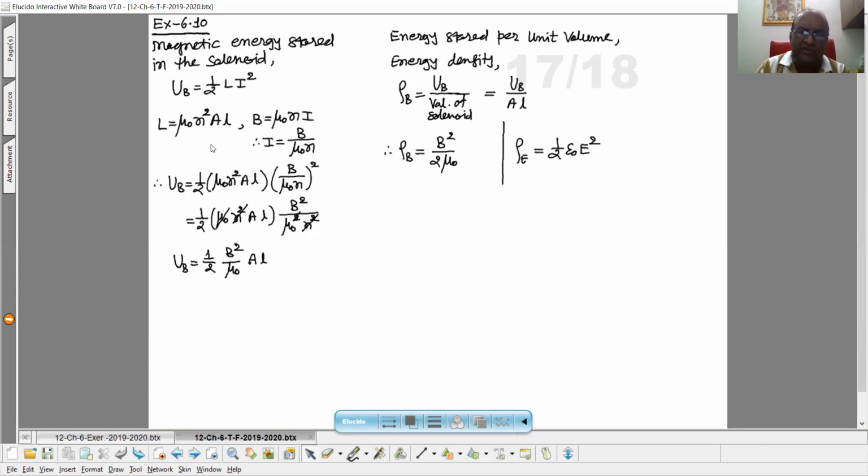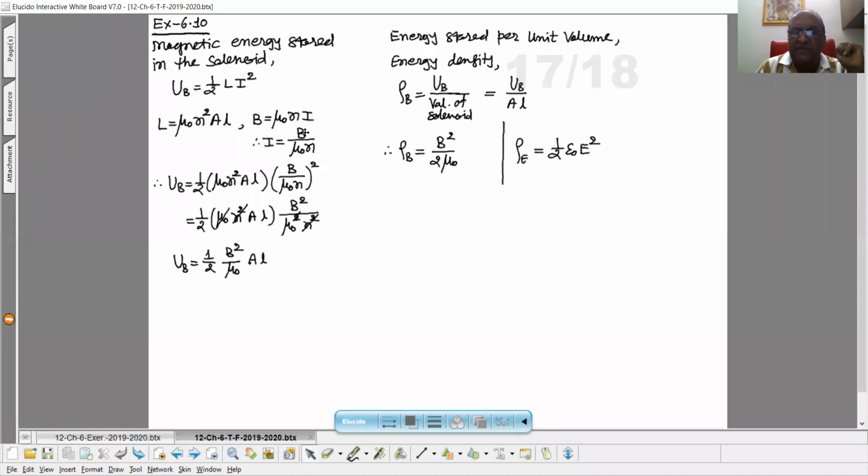And for that also we derived the equation L equal to mu 0 N square A into L. Then we know the magnetic field produced by the current carrying solenoid inside it at any point is mu 0 N I. So here make I the subject.